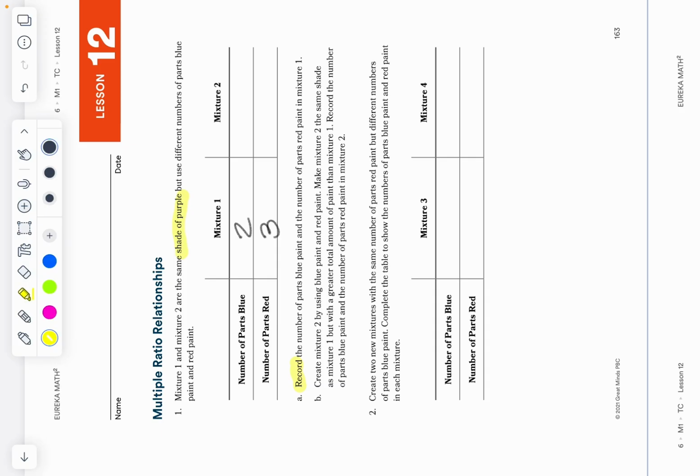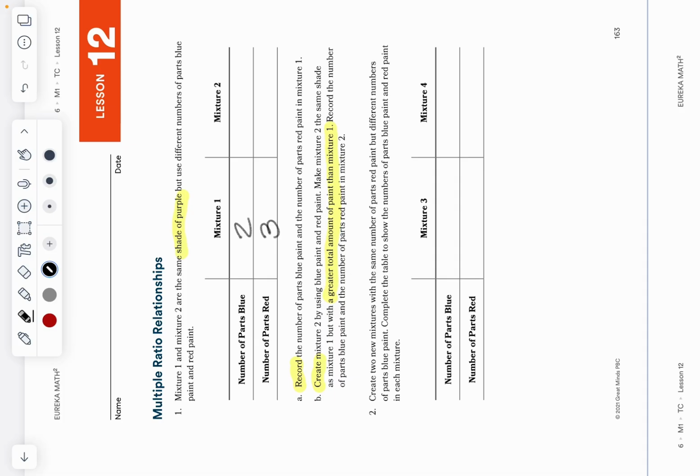Now remember, I want to create the same shade. So let's look at B. Create mixture 2 by using blue paint and red paint. Make mixture 2 the same shade as mixture 1, but with a greater total amount of paint than mixture 1. Right now, our mixture 1 paint total is 5. So 2 parts blue and 3 parts red would give us a total of 5. Basically what they're asking us to do is make a bigger batch of paint.